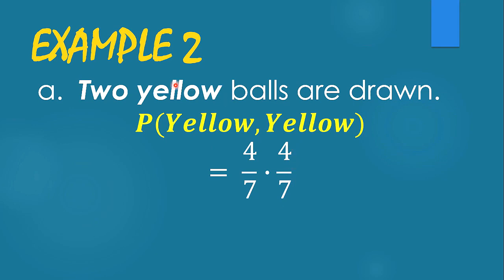Since the yellow ball will be put back in the box, it is still 4, and the total number of balls in the box is still 7. Therefore, we have 4 over 7 times 4 over 7 is equal to 16 over 49, or 16 divided by 49 is equal to 0.33, or 33%.